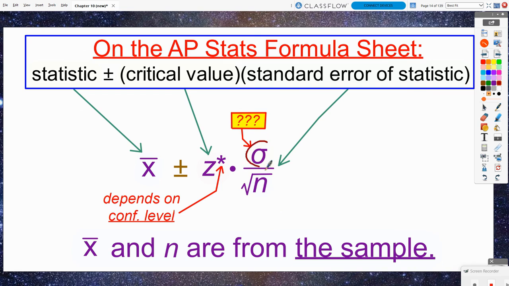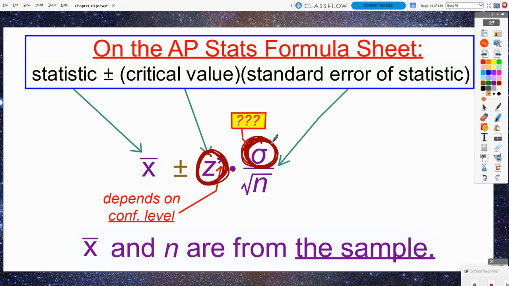But here's the big problem. This sigma represents the population standard deviation. And in order for us to use z, a z test statistic, we have to know the population standard deviation. To be quite honest with you, if we don't know the population mean mu, and that's why we're creating a confidence interval in the first place, we're probably not going to know the population standard deviation.